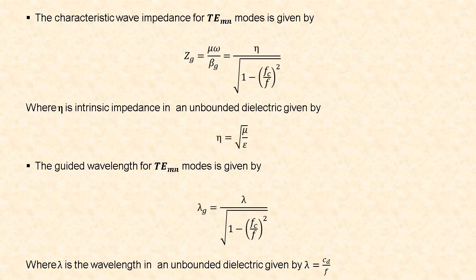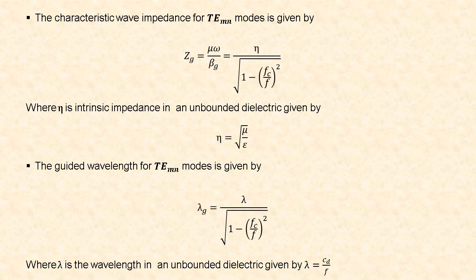The characteristic wave impedance for TE mode is given by Zg = μω/βg, which is equal to η divided by square root of 1 - (fc/f)². Here η is the intrinsic impedance in an unbounded dielectric, which is given by η = square root of μ/ε. Next, the guided wavelength for TE mode is given by λg = λ divided by square root of 1 - (fc/f)².